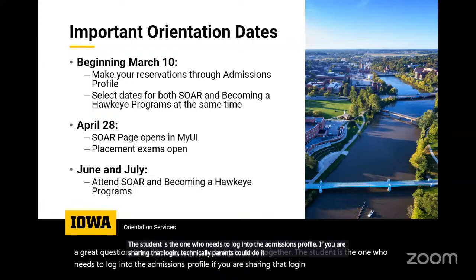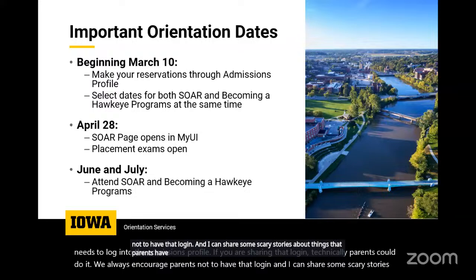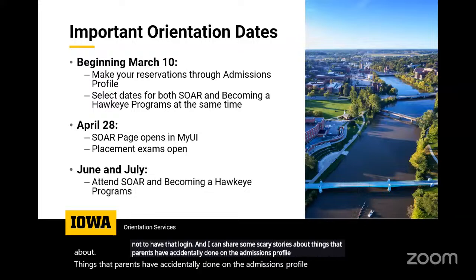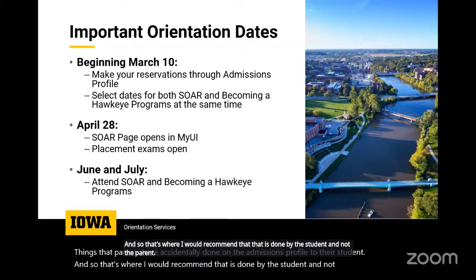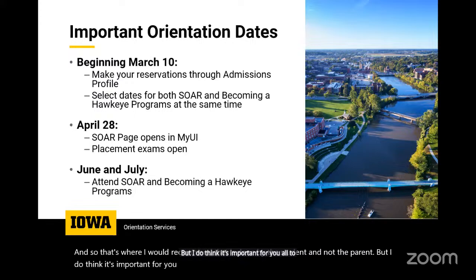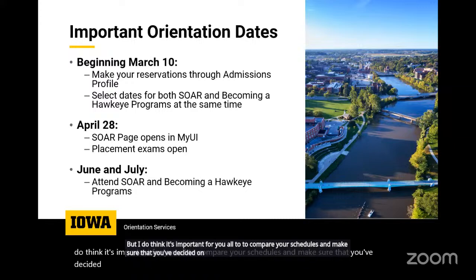We always encourage parents not to have that login, and I can share some scary stories about things that parents have accidentally done on the admissions profile to their student. That's where I would recommend that it is done by the student and not the parent. But I do think it's important for you all to compare your schedules and make sure that you've decided on what's going to work for your family as you're doing your reservations.